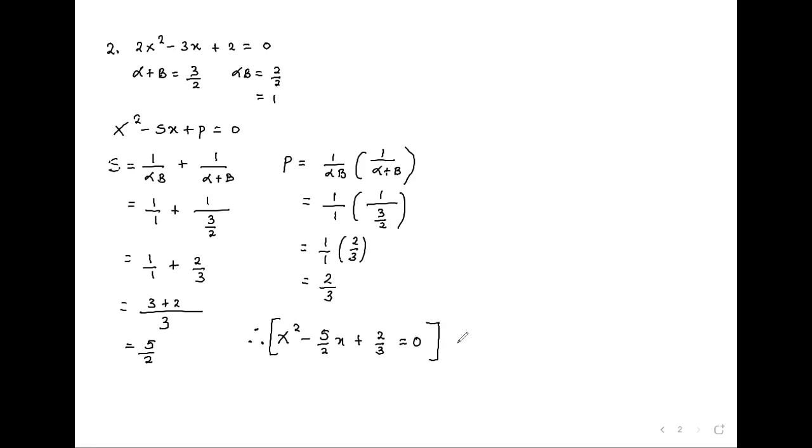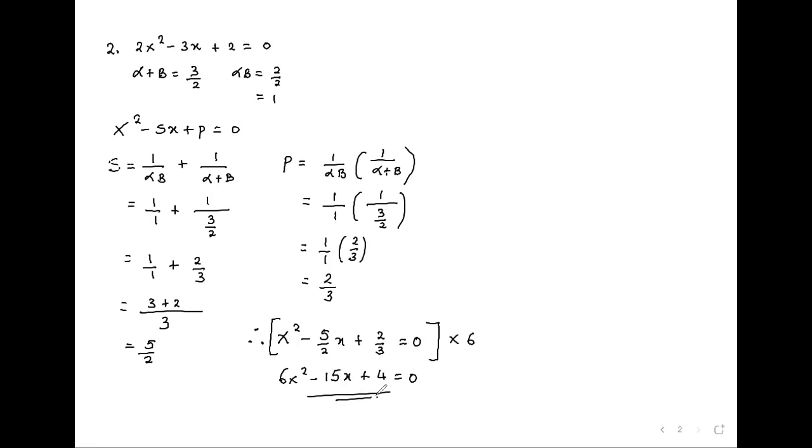That is 6. Then you have 6x squared minus 2 into 6, that is 3, 3 by 5, you get 15x, plus 3 into 6, that's 2, 2 by 2, we get 4, giving us 0. That becomes the solution.